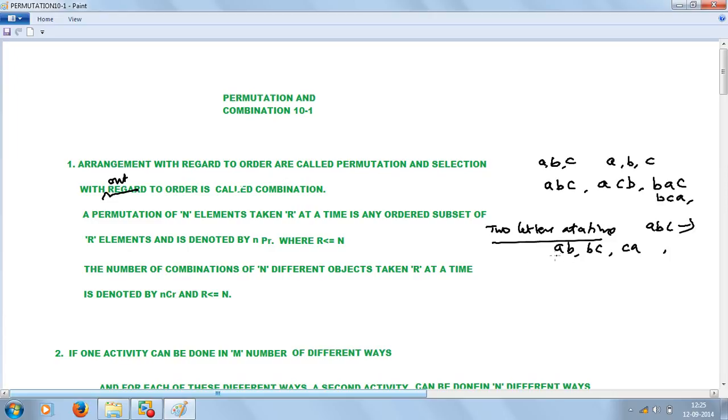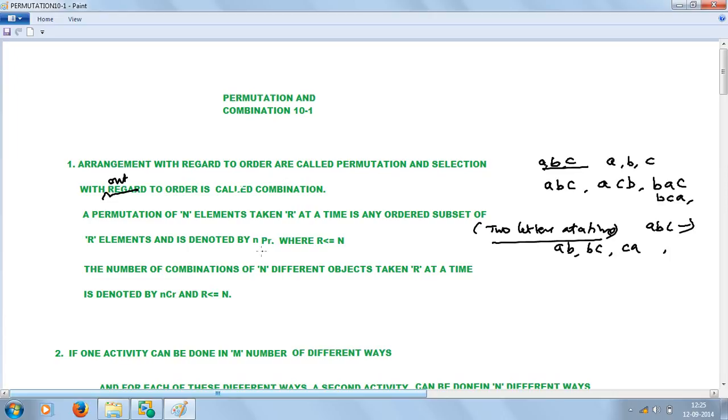So the order of AB and BA does not matter, there is no order in this. In the other case, ABC is different, ACB is different. In combination, two letters at a time is the only condition. Then it becomes a combination.